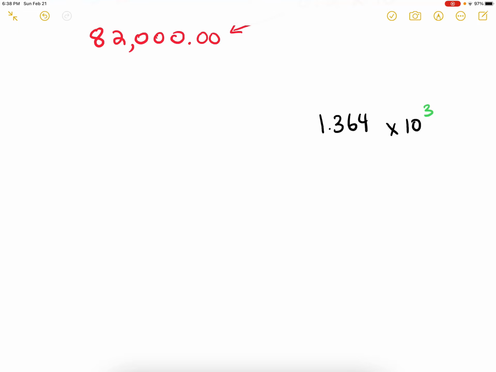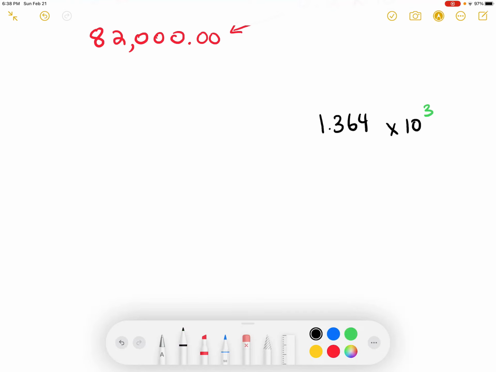All right, what do I start with? Well, first, I write down my original number, 1.364, and I need to write it in normal form, so I need to go 3 decimals to the right. So the decimal needs to move 3 spots to the right. Ready? 1, 2, 3.